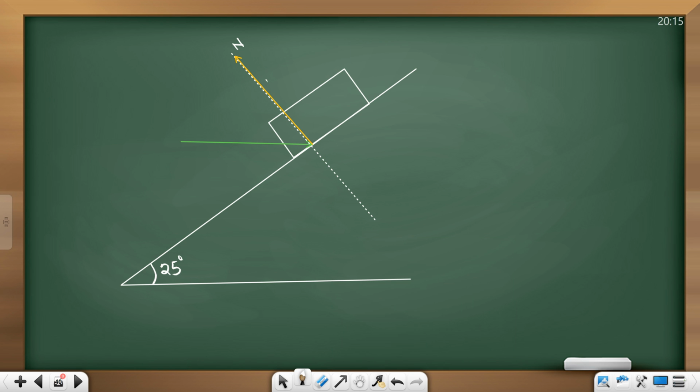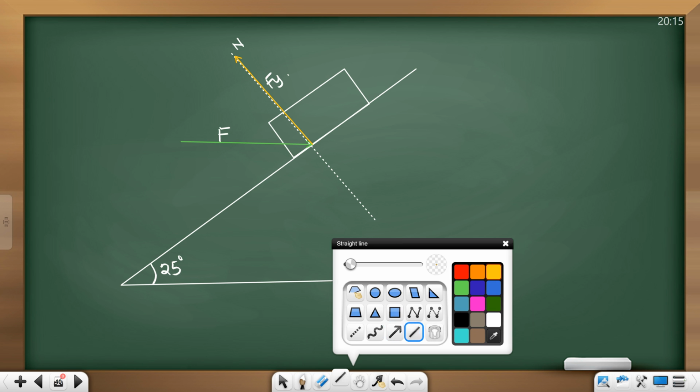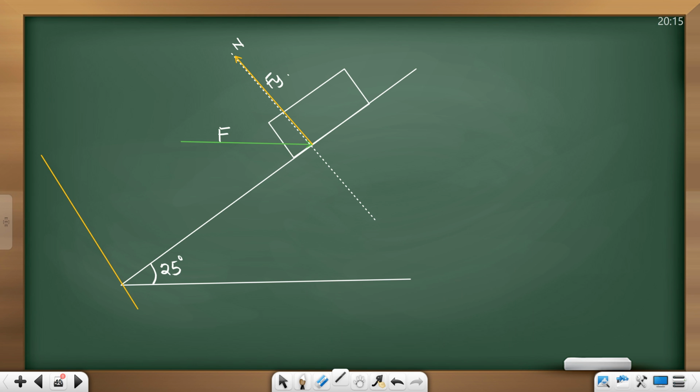So that is Fy. Make sense? And just for everyone to see, if I were to construct a line parallel to that normal force here, what is this angle? 90. What is this angle going to be? 90. Make sense? There are other ways, but I want to make sure I carry you along.